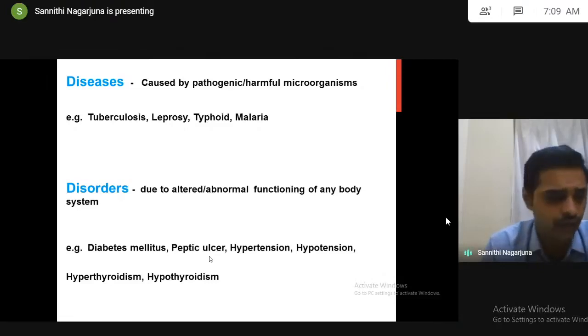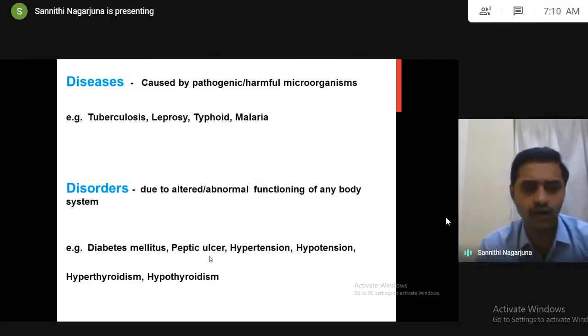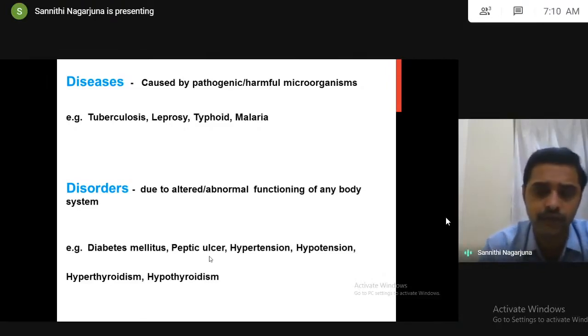The conditions resulting from pathogenic harmful microorganisms are called diseases, and those due to abnormal or altered functioning of body systems are called disorders. Every human being has glucose in the blood, and excessive glucose is called diabetes.